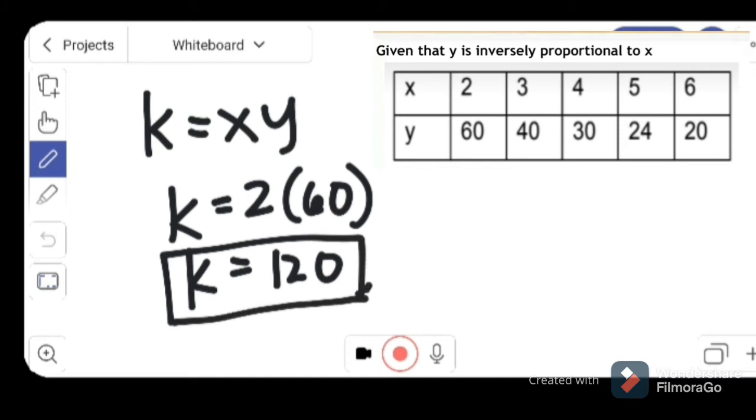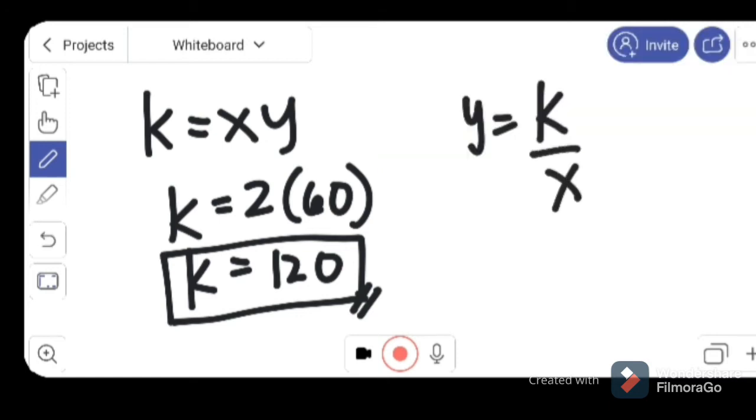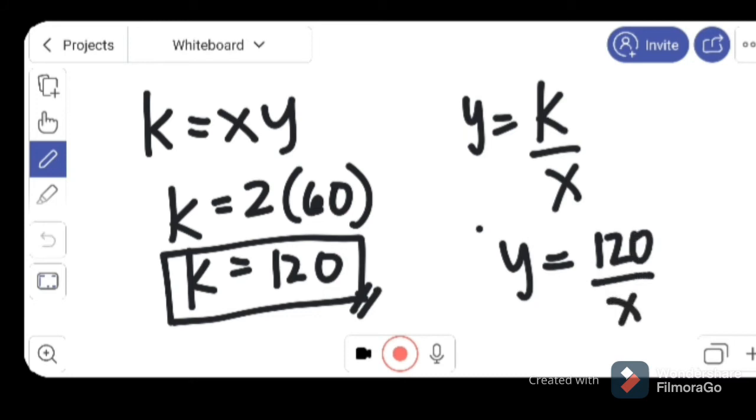Let's check from the other entries. 4 times 30, 120. 6 times 20, 120. Then we can conclude that our constant of variation is 120. This time we write the equation for this given table. At first, we have y is equal to k over x. Finding the value of the constant will make our equation y is equal to 120 over x.